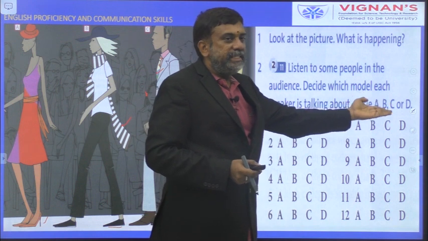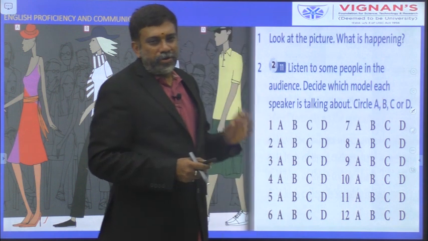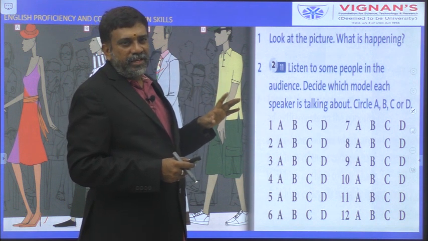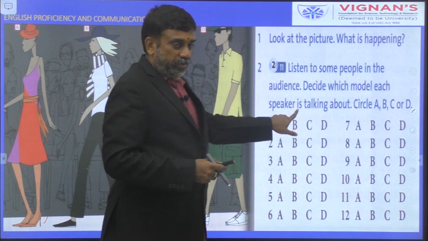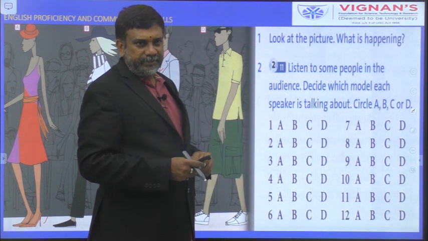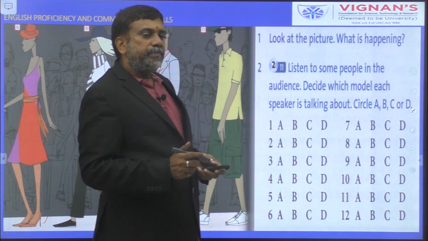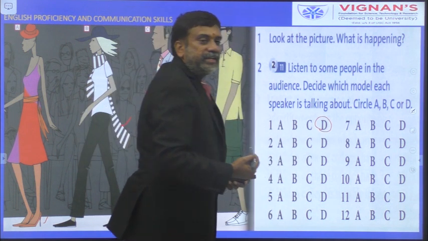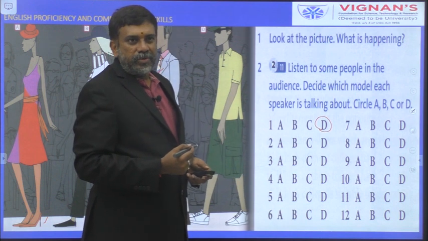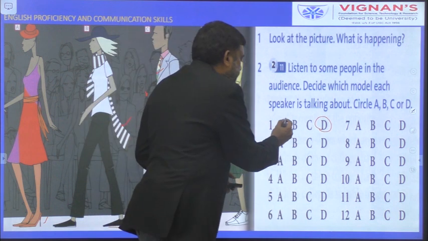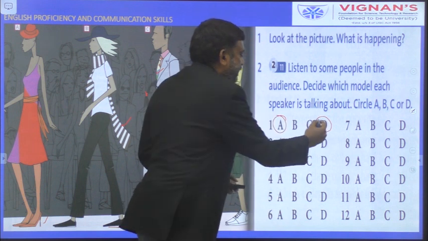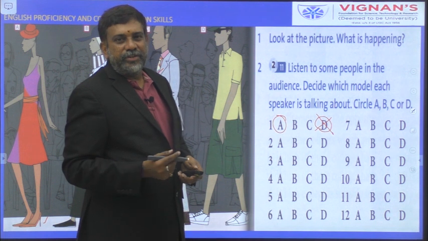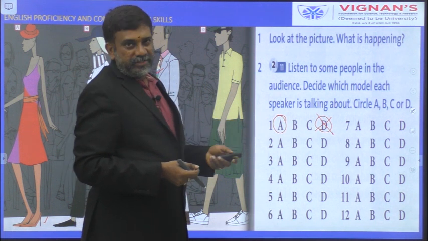Circle A, B, C, or D. So the task here is to listen to the audience's opinions and circle the answer. Suppose, for example, the first question's answer is C, you need to circle it like this. Or if it is answer A, you circle this like this.